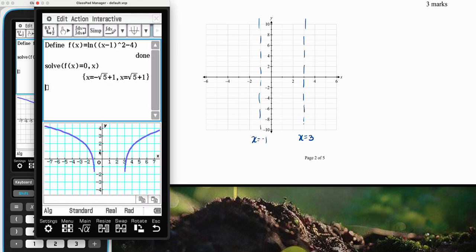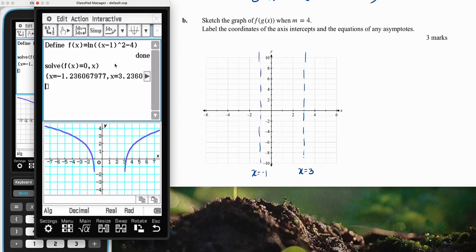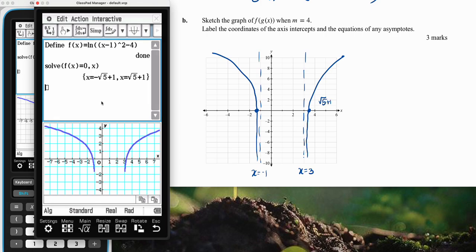If you wanted to, you could find the decimal first, so you could get some sense of scale. So we know that it looks like this. Something exciting is happening out there. But we want exact values. Square root of 5 plus 1, 0. Negative square root of 5 plus 1, 0.